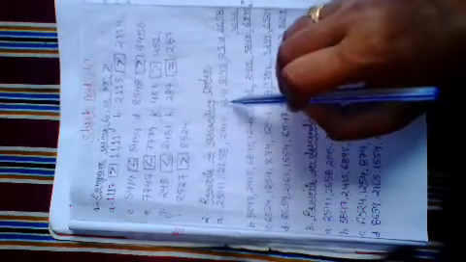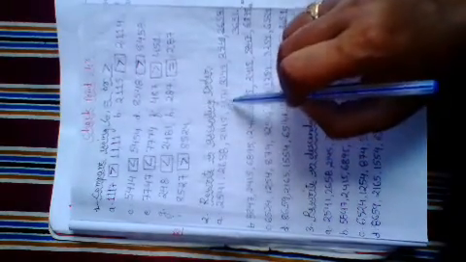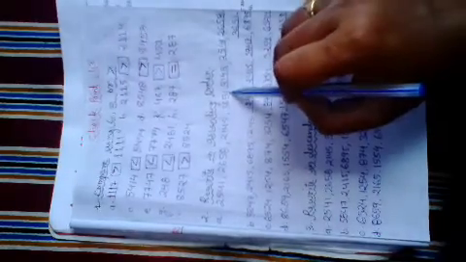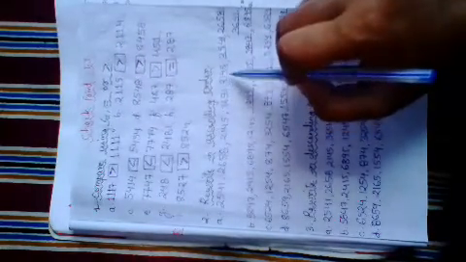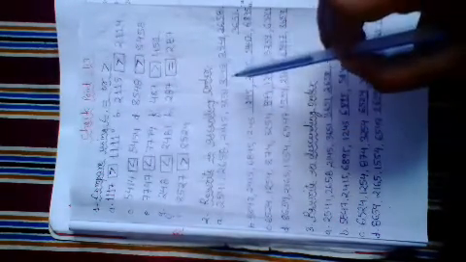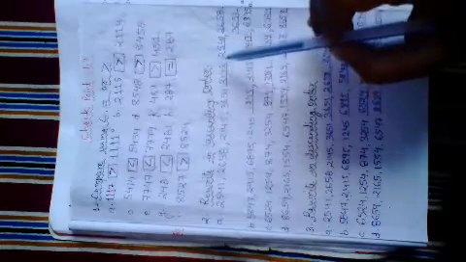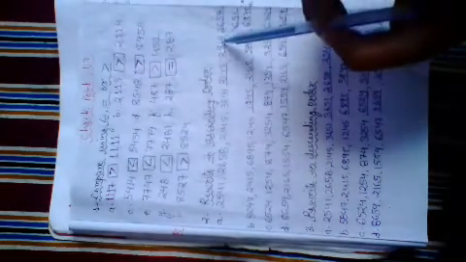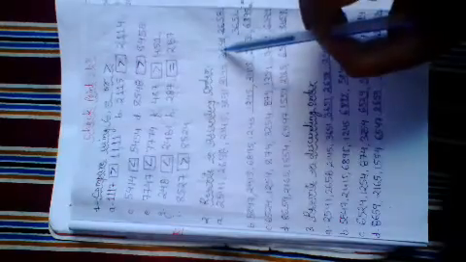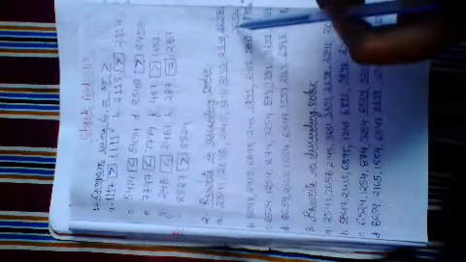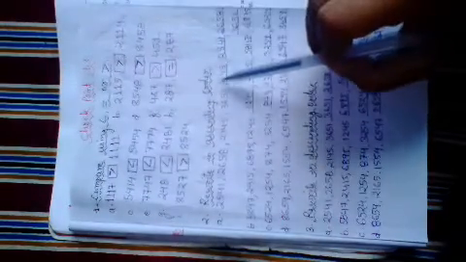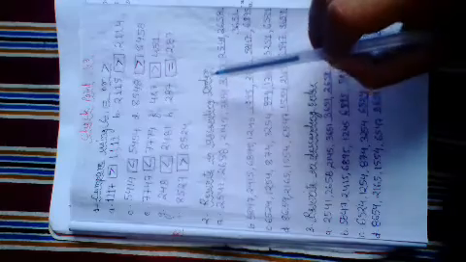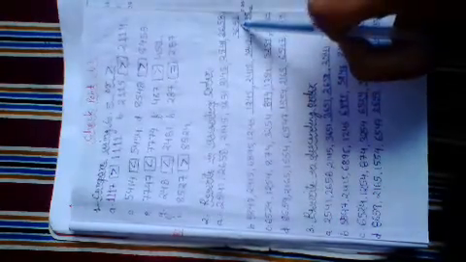And the last one is your greatest number, that is 3651. So now you know how to write ascending order from smallest to greatest. So we are going from smallest to greatest.